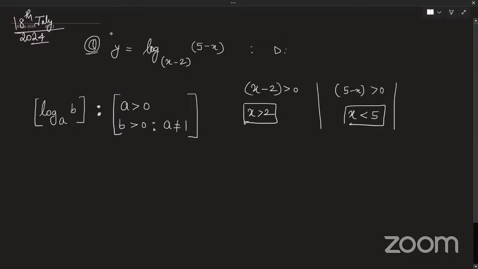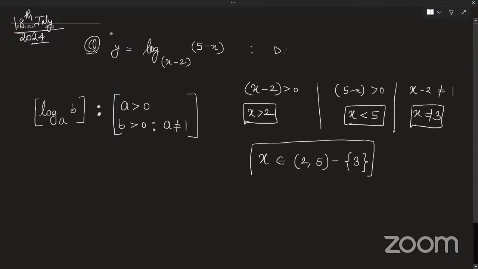One more restriction: the base can't be equal to 1. So x minus 2 can't be equal to 1, which means x can't be equal to 3. So basically, x should belong from 2 to 5, but it can't be 3. So this will be the domain of this function.